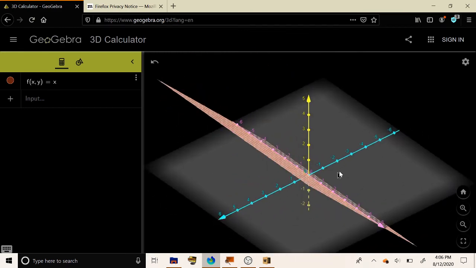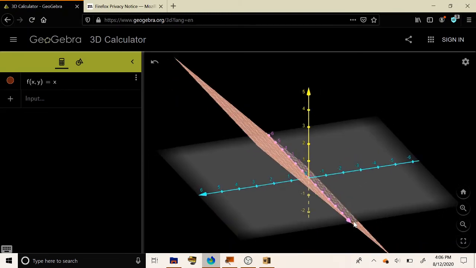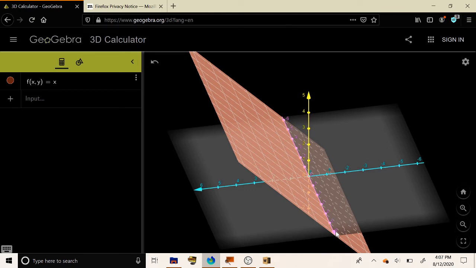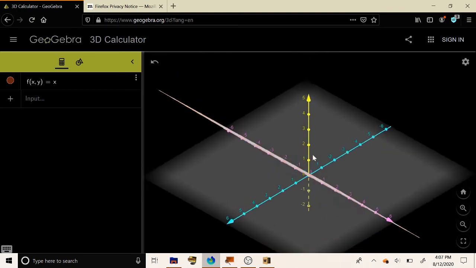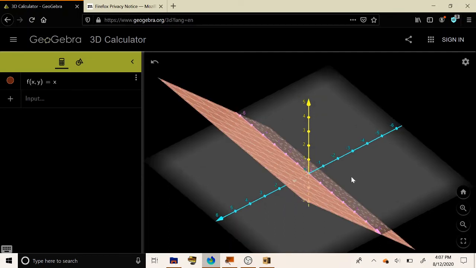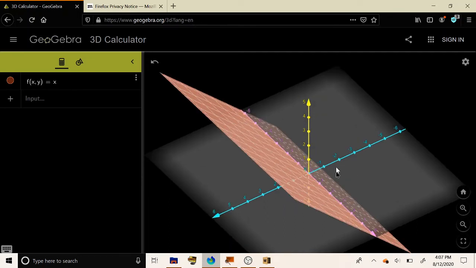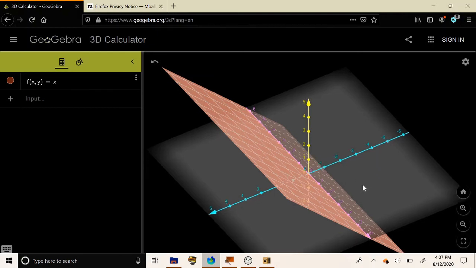Now here in cyan is the graph of the x-axis, and here is the graph of the y-axis in pink. And the region that we drew in this example in the notes stretches from -2 to 2 in the x direction along the cyan line, and from 0 to 2 in the y direction.